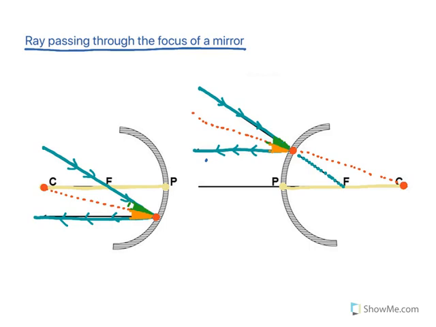In both these cases, the green one we called I, the angle of incidence, and the yellow one was the angle of reflection.